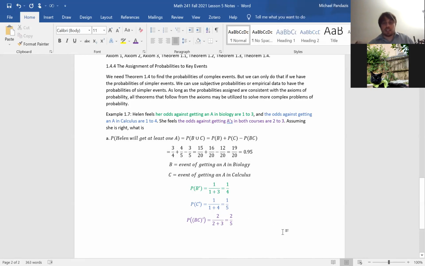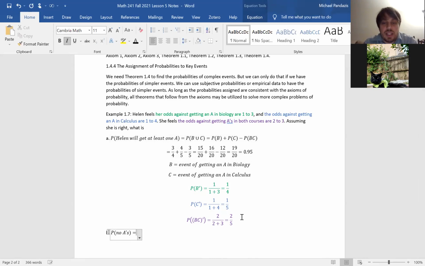Okay, so that's A. So B, we're asking what is the probability of each of these things? What is the probability of no A's? That's the next question. Probability of no A's. B is the event of an A in biology, C is the event of an A in calculus.